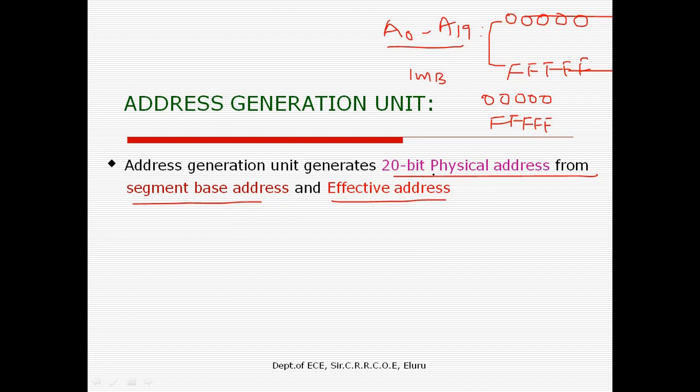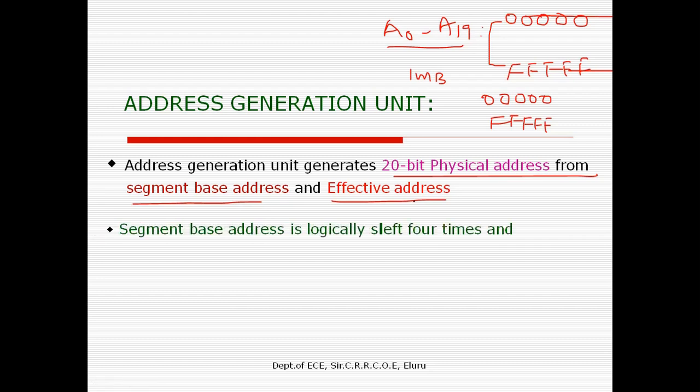Therefore, to generate a 20-bit physical address for the processor, we require two 16-bit addresses. That is the advantage of the 8086 architecture. Using 16-bit addresses, you are organizing 20-bit address memory. That is the advantage of the 8086 processor.